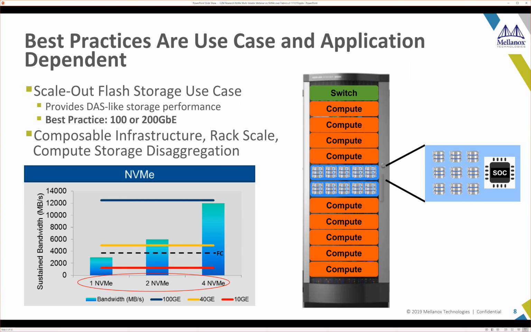So for best practices here, again, you need very high bandwidth, at least 100 or multiple hundreds or 200 gig, because that whole rack of servers is now accessing the DAS through the storage in the rack or the storage down the row. We also see this application a lot with cloud customers, especially ones that are using our SoCs, our BlueField SoC.